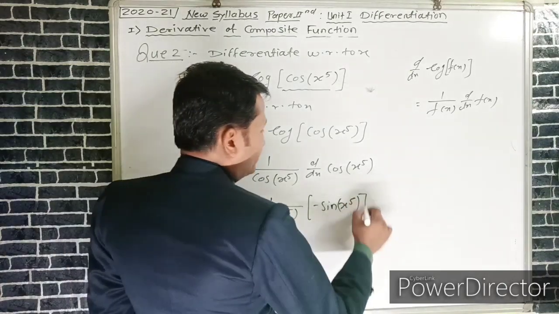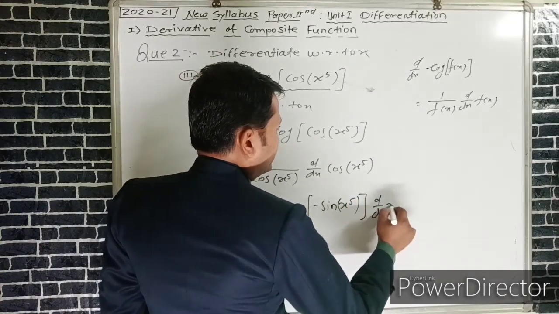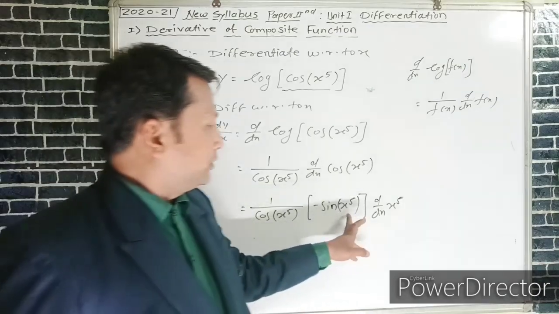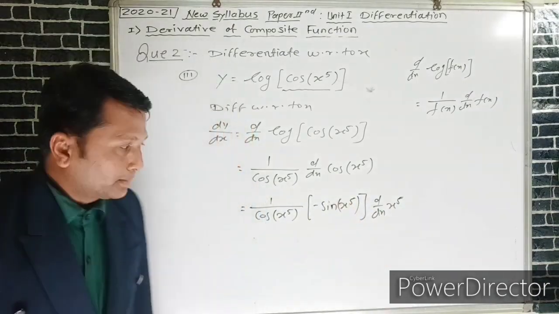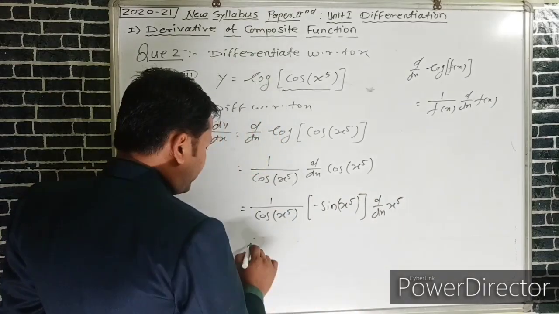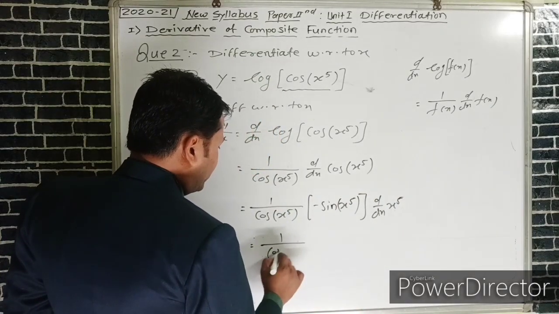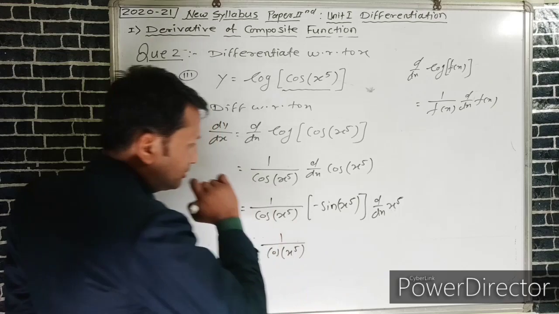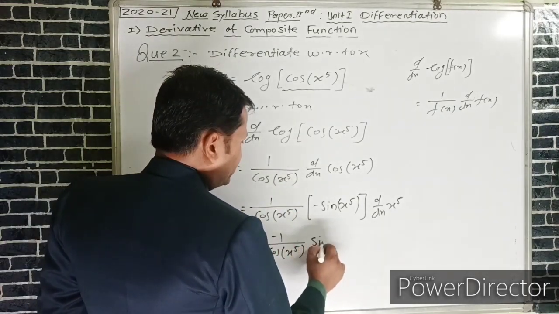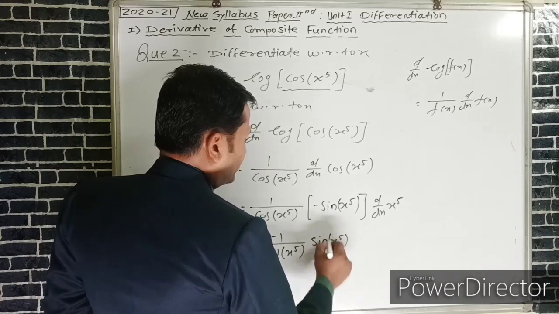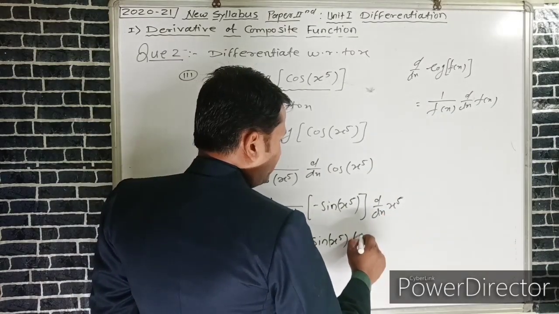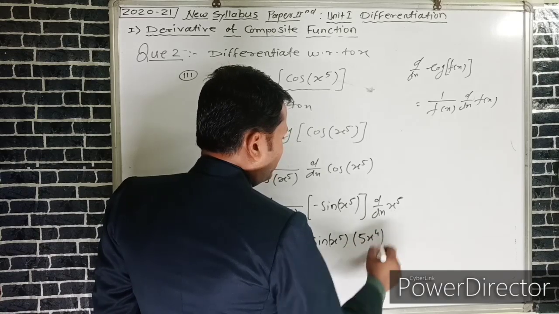Again we take the derivative of x raised to the power 5, because x raised to the power 5 is in composite form. Now the derivative gives 1 upon cos of x raised to the power 5 as it is, minus 1 sin of x raised to the power 5 as it is, into the derivative of x raised to the power 5, which is 5 x raised to the power 4.